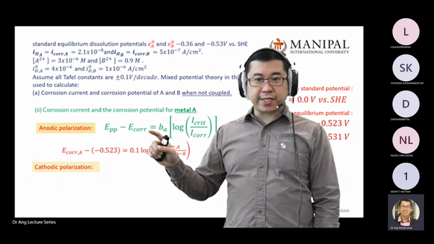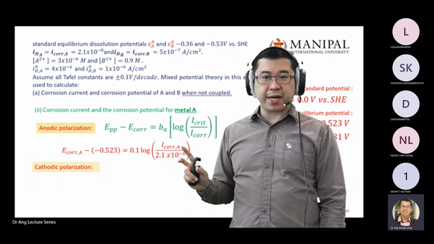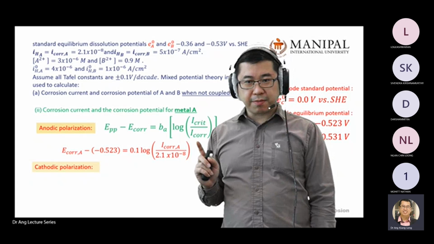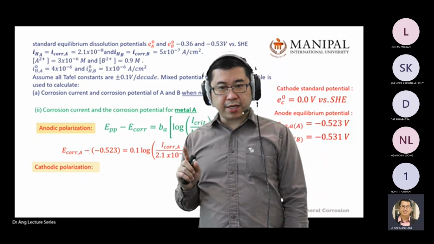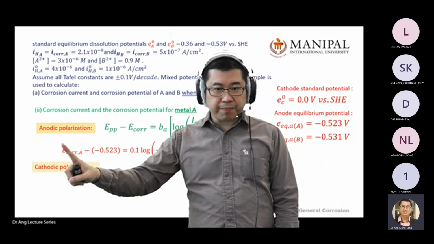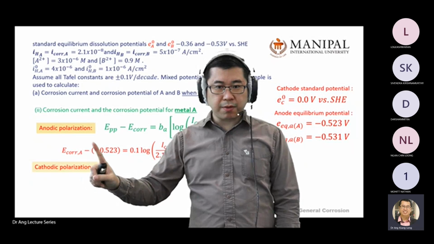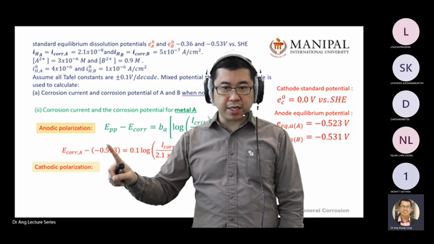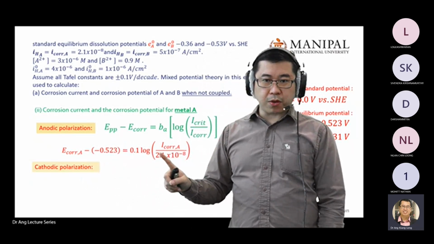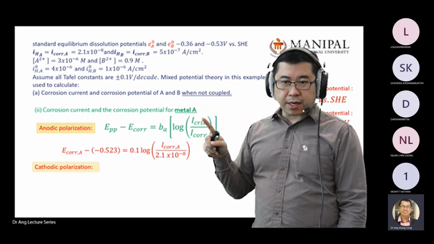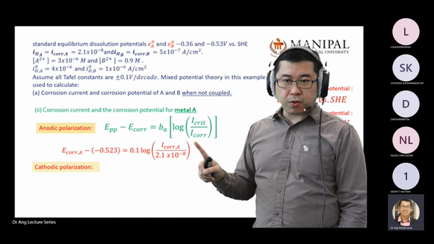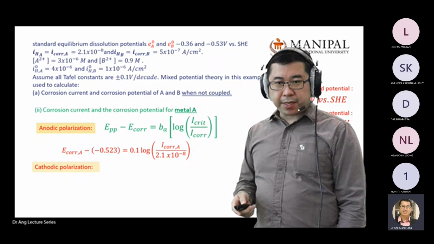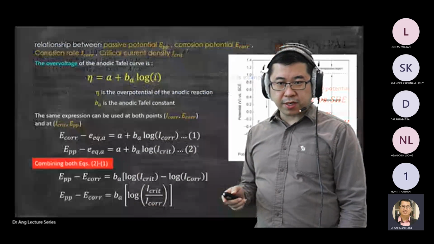Basically, you can substitute the value, then you rearrange back, you still get the same structure. But we write it in a certain way: E corrosion minus the EPP equal to 0.1 log, then this one below, then this one above. Basically, you rewrite this equation.